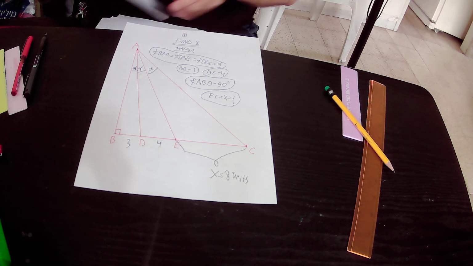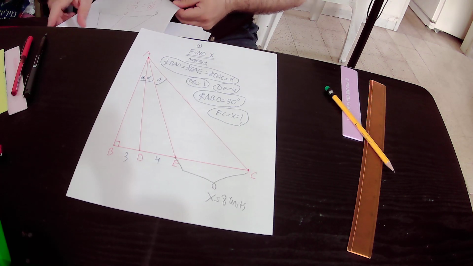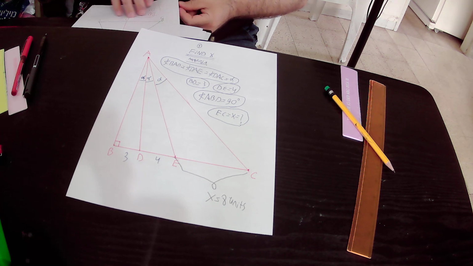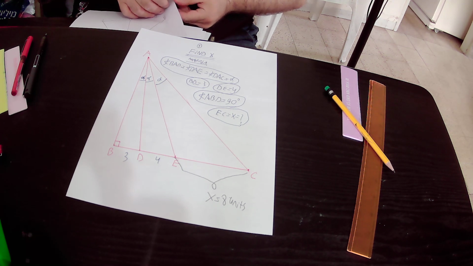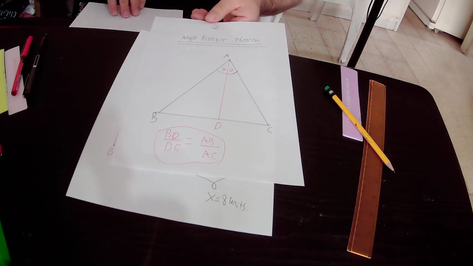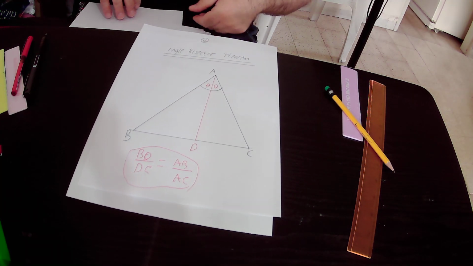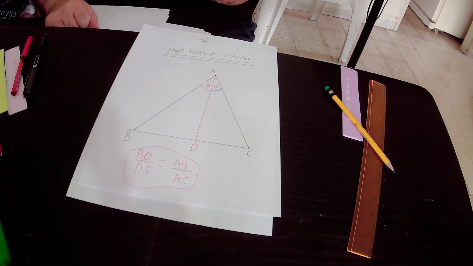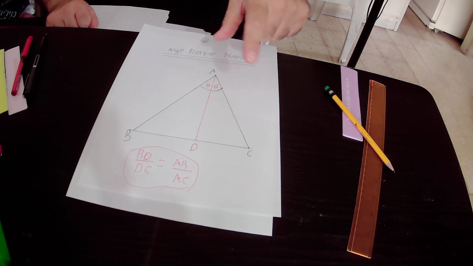So actually I presented to you the angle bisector theorem. The angle bisector theorem relates to a triangle that has an angle bisector. In this example we have triangle ABC with the angle bisector AD.